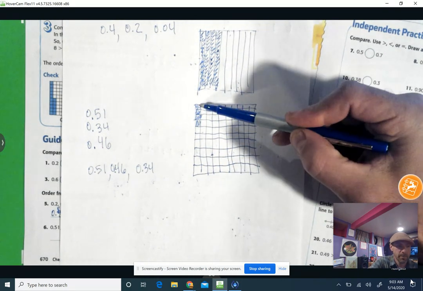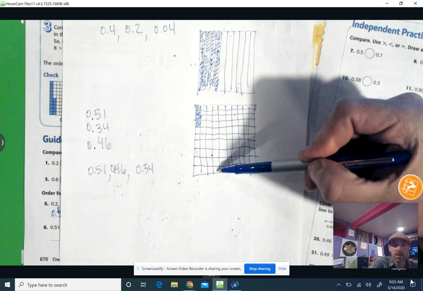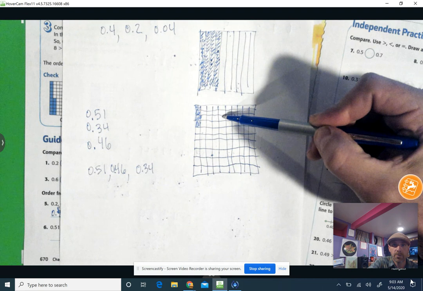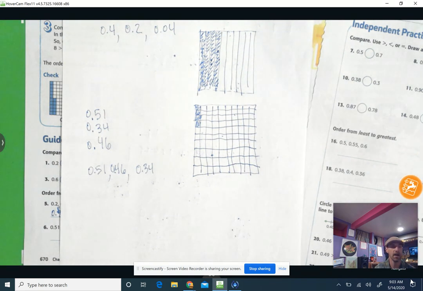And then 46 would be 4 of these bars completely colored in with 6 of the hundredths boxes colored in the fifth bar.